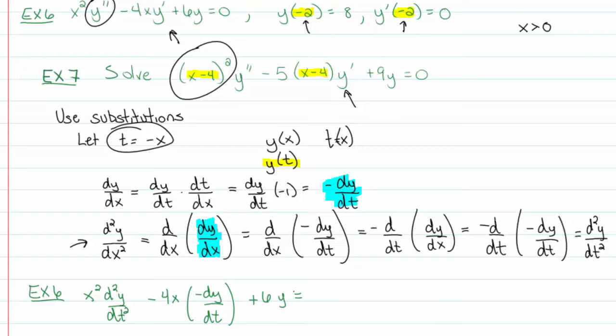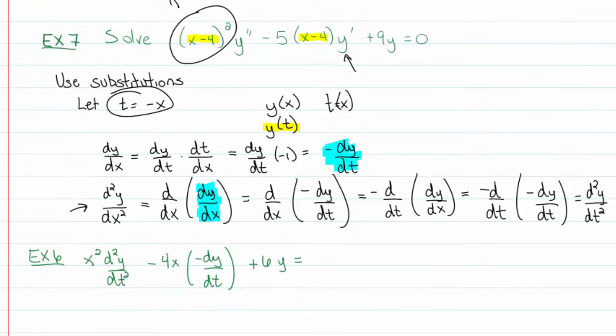However, we made the substitution t equal to negative x, or in other words, x equal to negative t. So wherever you see an x, I'm going to replace it with a negative t: t squared d squared y dt squared, plus 4 times the negative t times the negative dy dt, and then finally plus 6y.